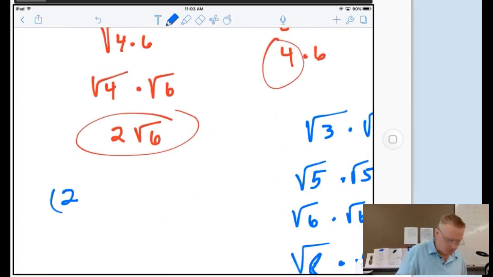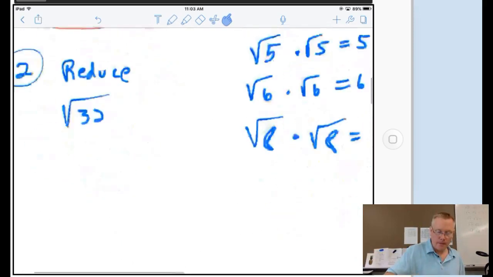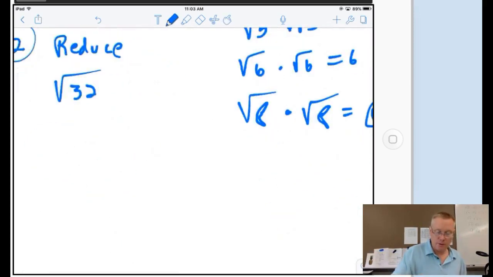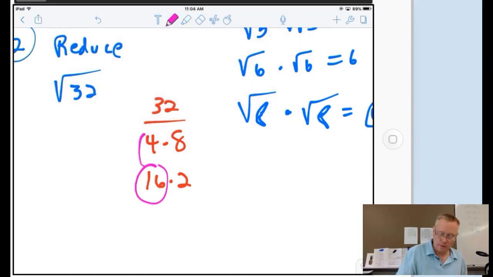Number 2. Reduce the square root of 32. All right, so with this one, I'm looking for factors of 32, and I want them to be a perfect square. So 4 times 8 is good. 16 times 2 is better. You want to take the biggest perfect square, and 16 is bigger than 4.